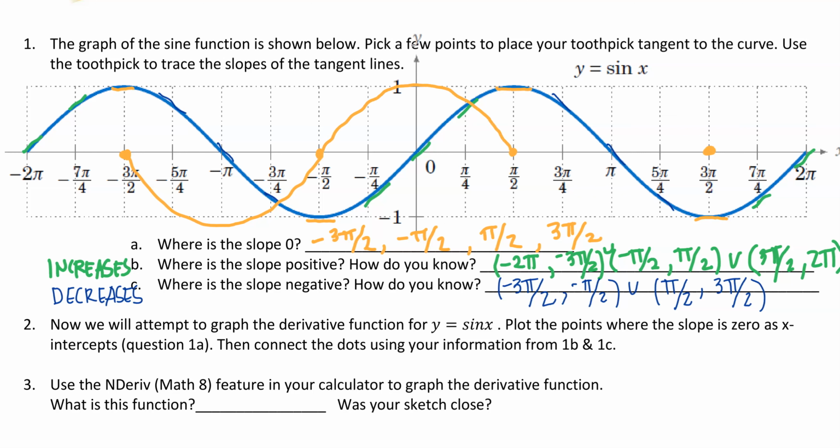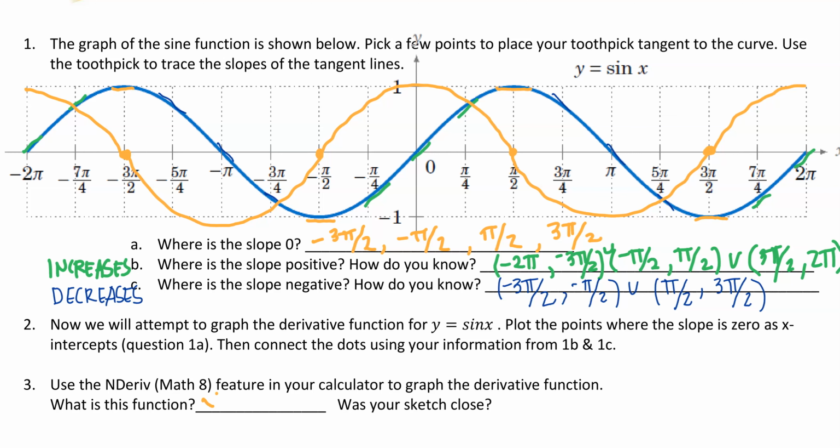Okay. And then what's going to be happening between pi over 2 and 3 pi over 2? It's going to be decreasing. And then what happens from 3 pi over 2 to 2 pi? It's increasing. And then what about this little piece over here from negative 2 pi to negative 3 pi over 2? It's going to be increasing. Okay, so tell me what this derivative curve looks like.